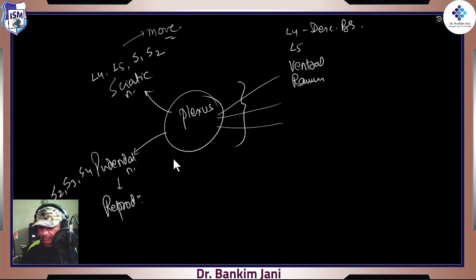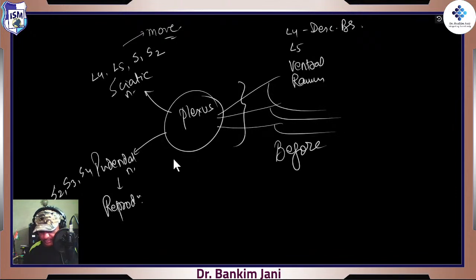Just before they go for plexus, some of the fibers come out. That's why it is important that this is before plexus formation. If anything goes wrong to this plexus, these small branches which have come out will save that organ. So this is like a backup system.